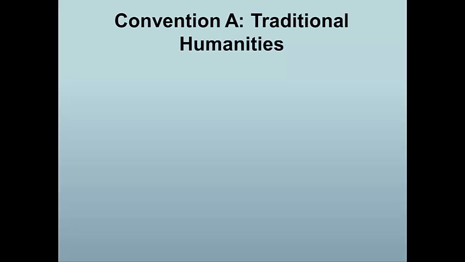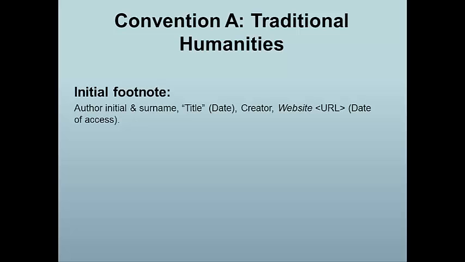Let's start with Convention A, the traditional humanities style. For our first footnote, we will need the author, title and date of the site, and then the person or institution who created the site, the name of the site, the URL, and lastly the date you accessed it.